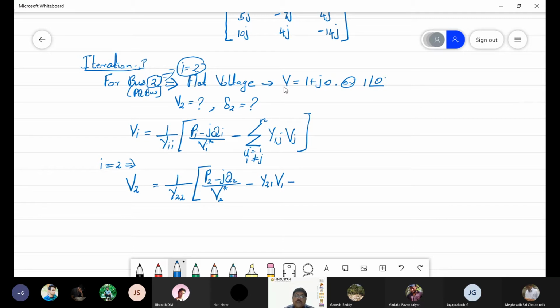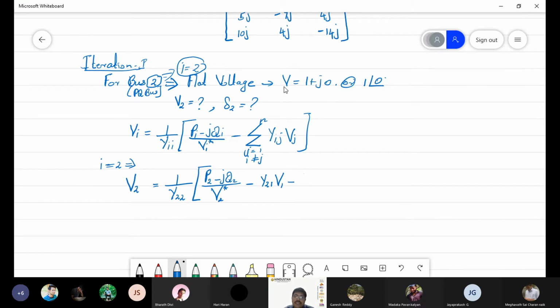Minus Y22 V2, I can't put. Why? Because here i and j are equal. Listen carefully. Here j is equal to 1 to n, but i is not equal to j is the condition given, right? Therefore the second term, if you are expanding, there i and j are equal, therefore I can't put.